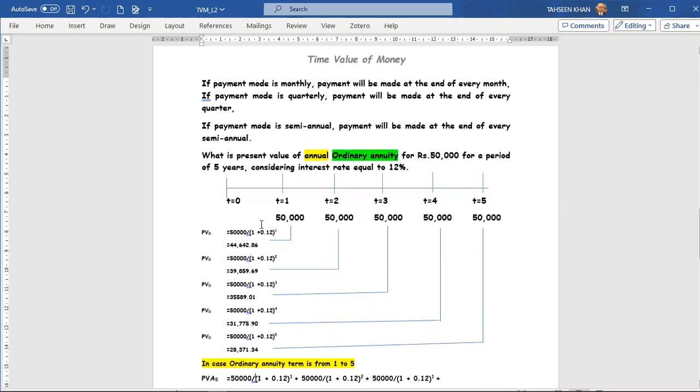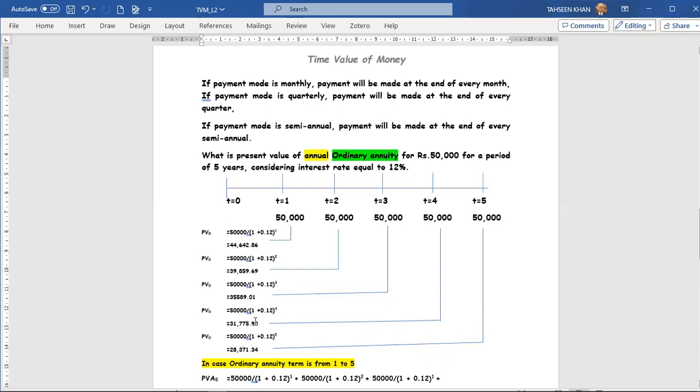Now, you are going to calculate its present value. For the first payment, the term is 1 and the rate is 12%. The amount comes to 44,642.86. For the second year, it will be divided by (1 plus 12%) power 2. The answer will become 39,859.69, and for the third year, it will become 35,389.01.